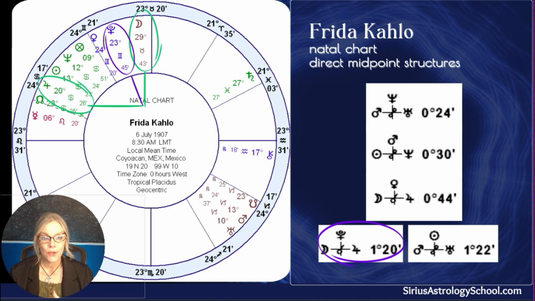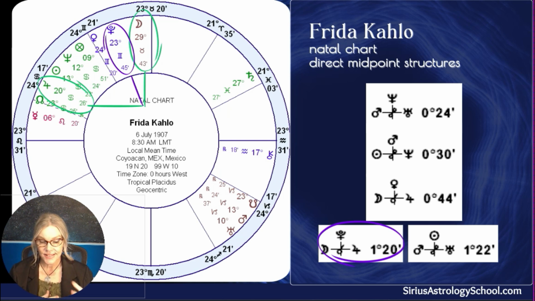Also, she has Pluto at the midpoint of Moon-Jupiter. So as you see from the other one, she had Moon-Jupiter and Venus at the midpoint, and she has Pluto at the midpoint of Moon-Jupiter as well. So Venus and Pluto, remember, they were connected to each other in her natal chart.